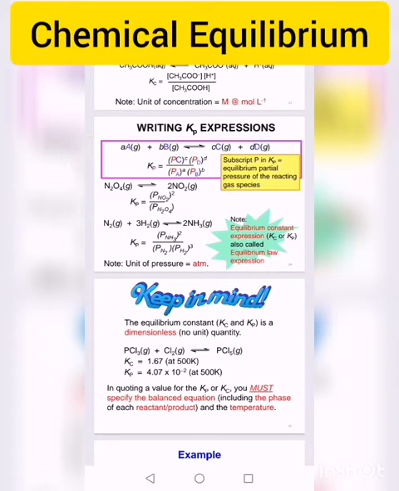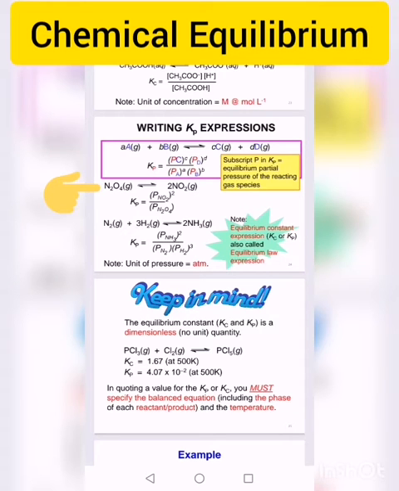Based on the example, gas N2O4 produces gas NO2, same phase. So the expression for Kp is partial pressure of NO2 over partial pressure of N2O4, with the coefficient 2 for NO2 as a power of 2.